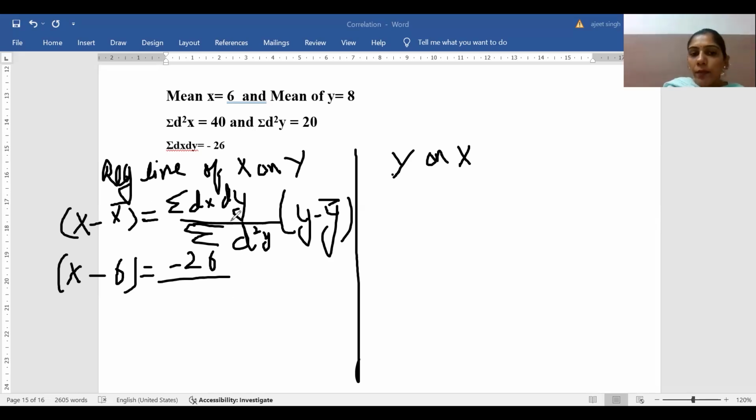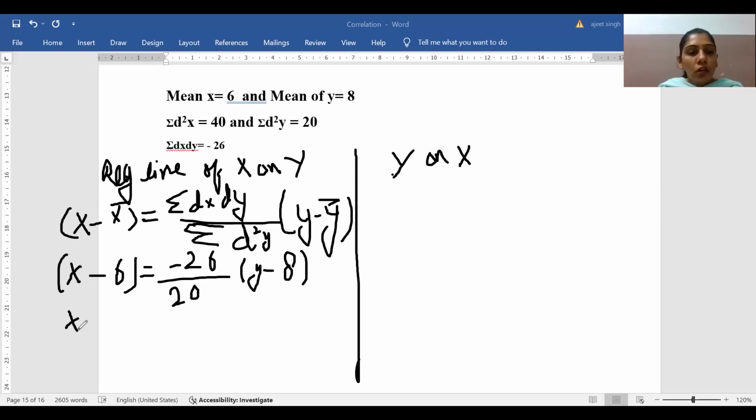After that, divided by summation d square y, which is 20. Now bracket y minus y bar. Arithmetic mean of y is 8. Okay, so this is the equation.